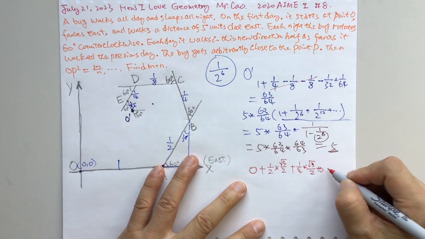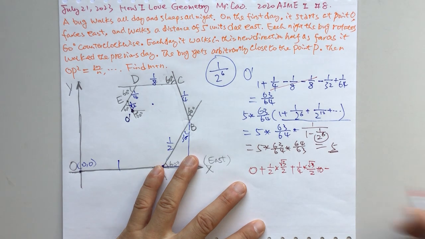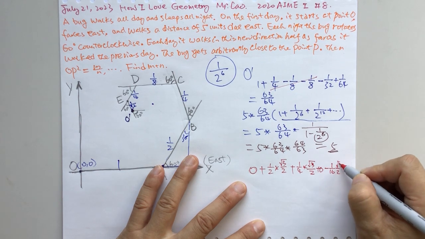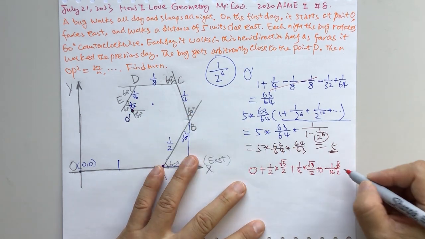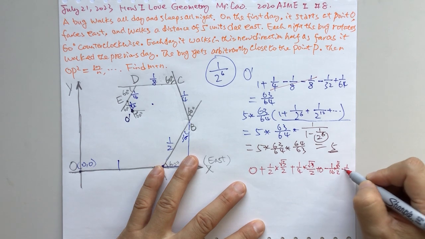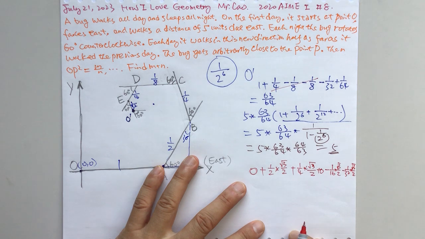Now this one is negative, 1/16 times square root of 3 over 2, and also minus 1/32 times square root of 3 over 2. Correct? Yes.